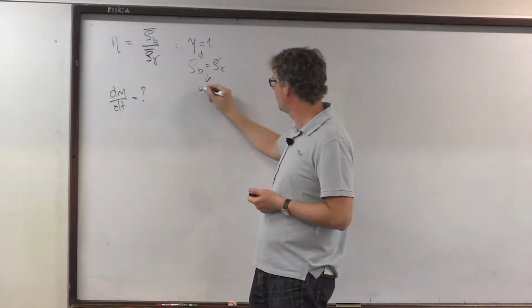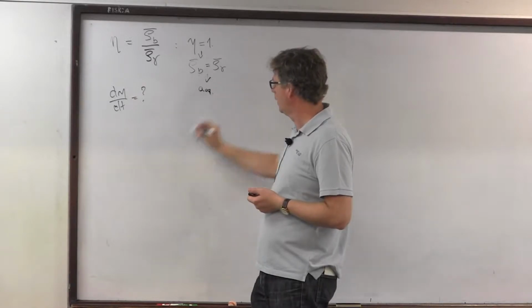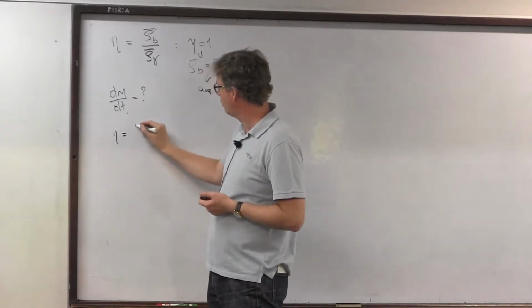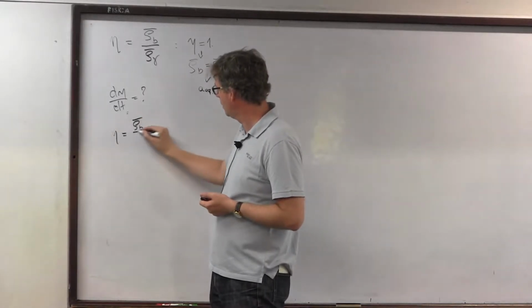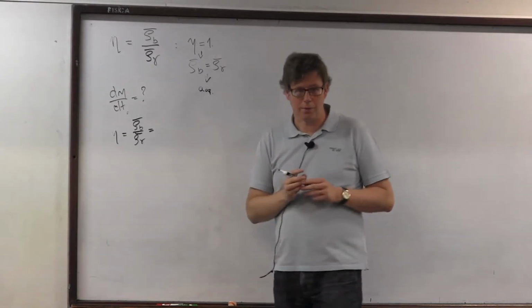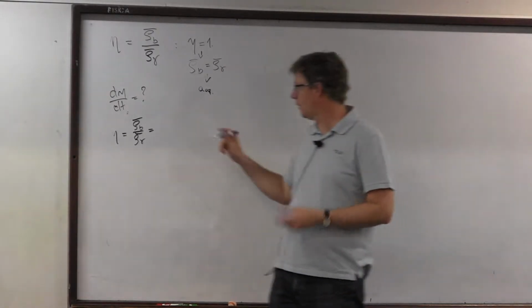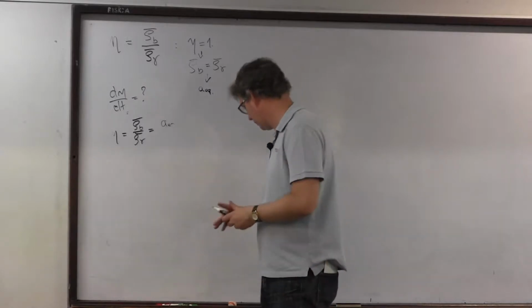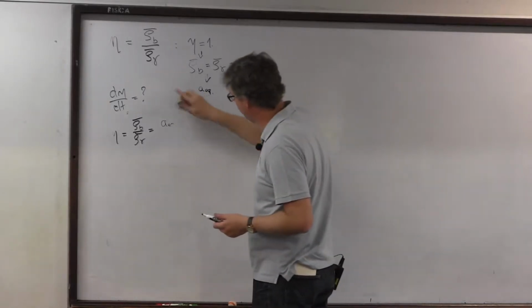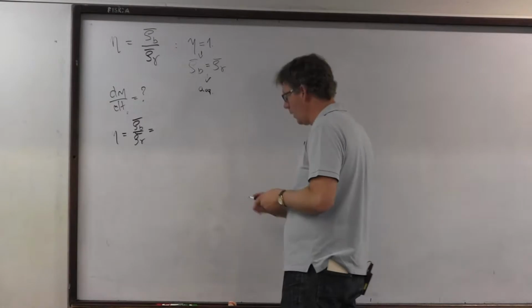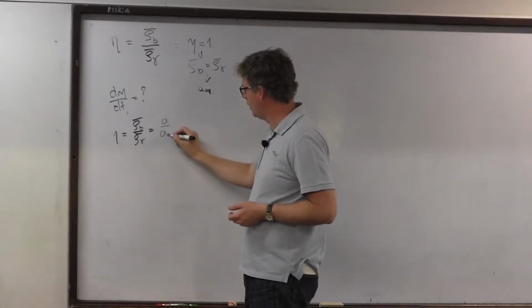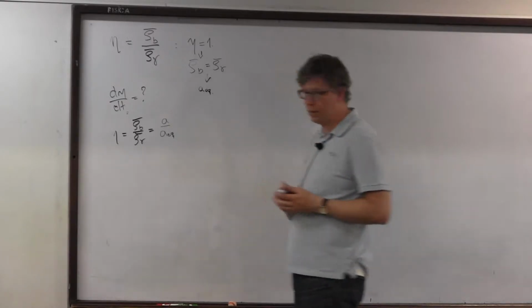So that means that eta, which is rho b over rho gamma, is also the same as A over A equality. Okay.